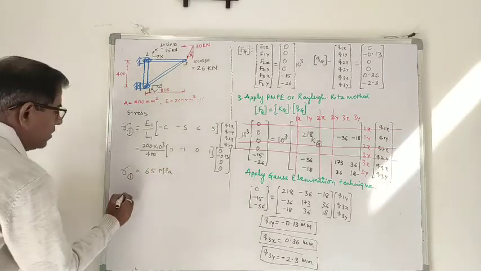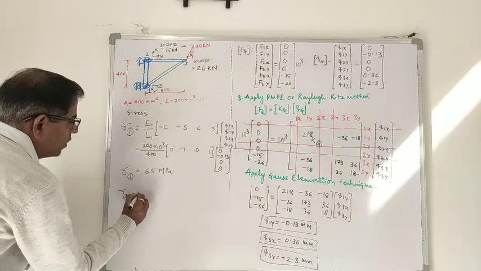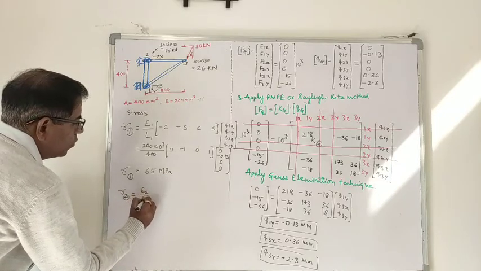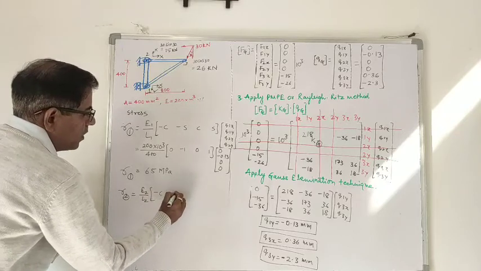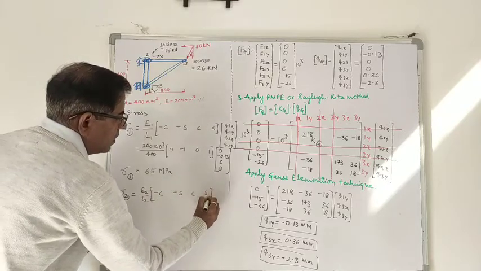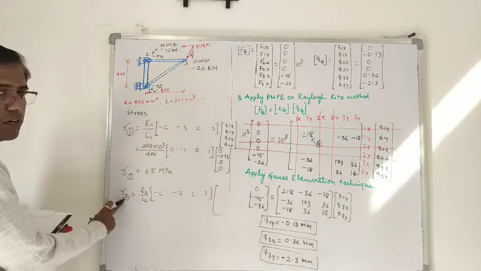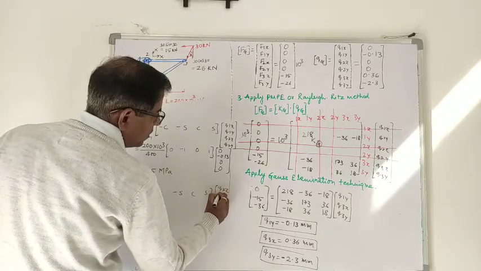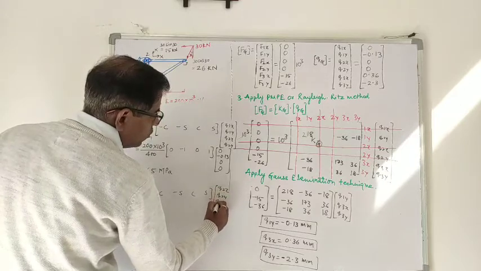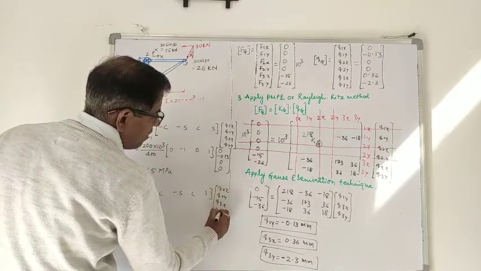Similarly, sigma 2 is E2 by L2 into minus C, minus S, C, S, and element number 2 is made up of node number 2 and 3, so here it will be Q2x, Q2y, Q3x, Q3y.